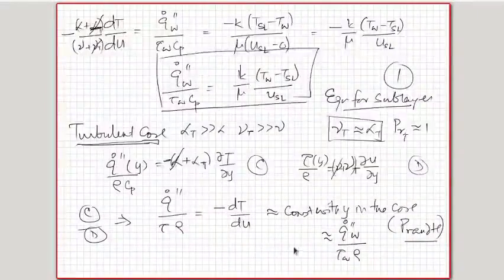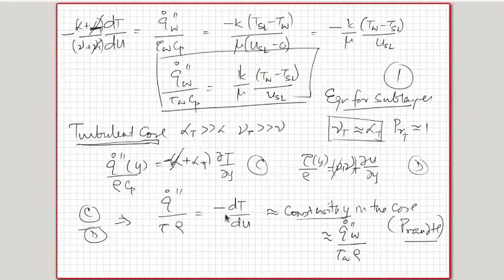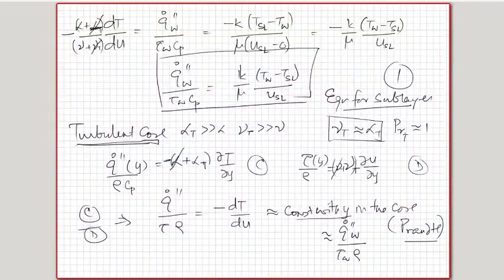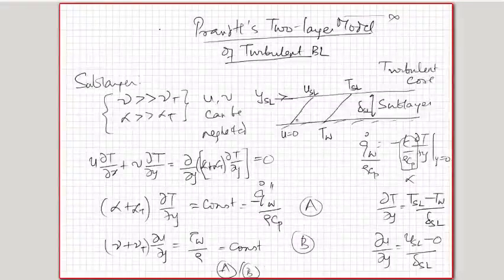With this approximation, he was able to say that this is independent of y. It's constant with y, so that makes it simple. This can then be integrated between the limits of the turbulent core. I take the turbulent core to go from this location y SL to infinity, so I integrate this expression between y SL and infinity.